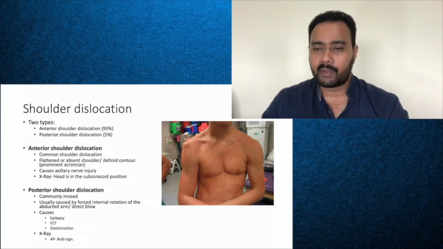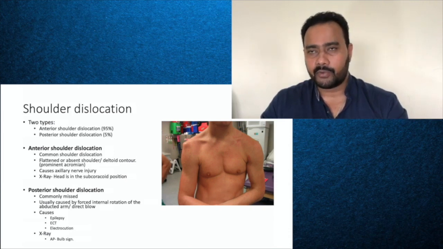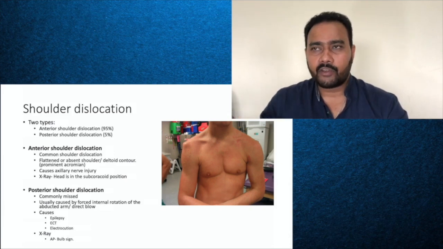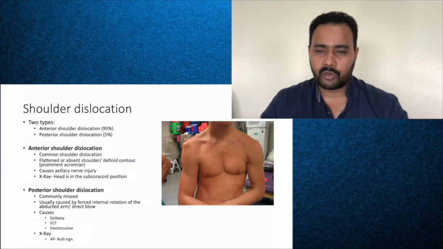You can easily remember them as the 3 E's. Epilepsy, electroconvulsive therapy, which is given in psychiatric conditions, as you will learn later on, as well as electrocution. So, whenever somebody has had electrocution or epilepsy and presents with shoulder pain, we have to think about posterior shoulder dislocation, right.